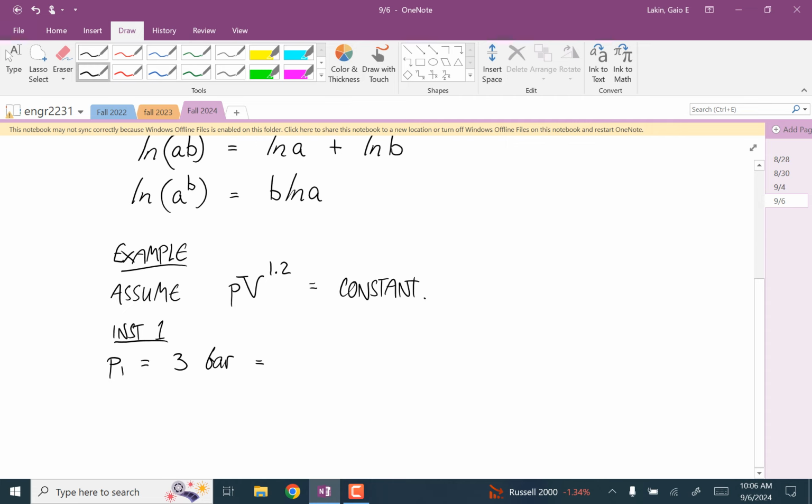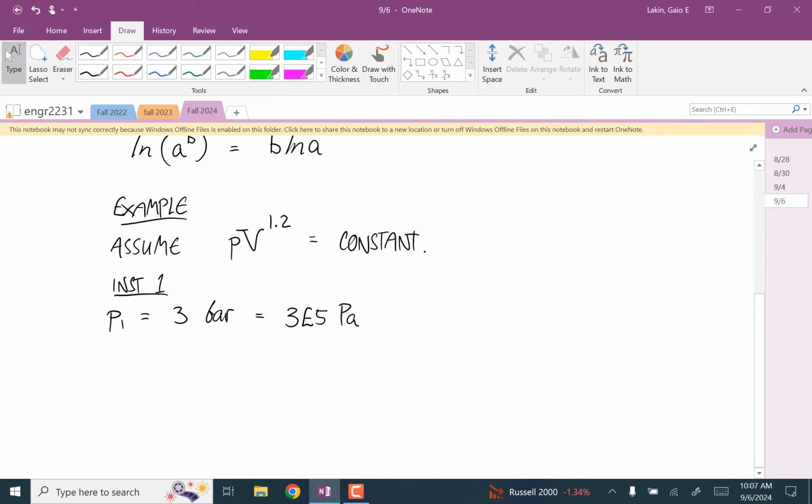A bar is 1 times 10 to the 5th pascals. So this is 3 times 10 to the 5th pascals. We'll use that bar unit pretty often. And then the volume at instant 1 is 0.1 cubic meters.